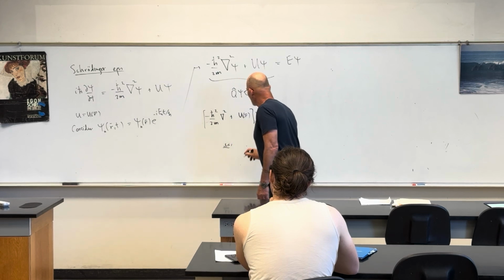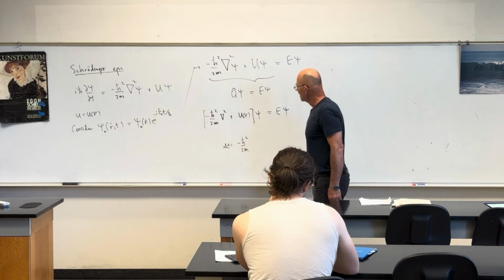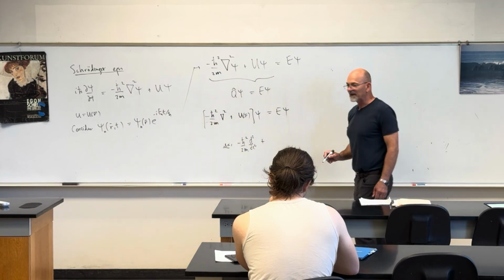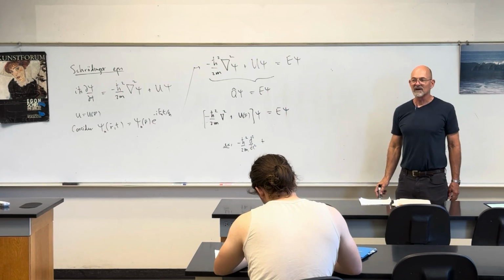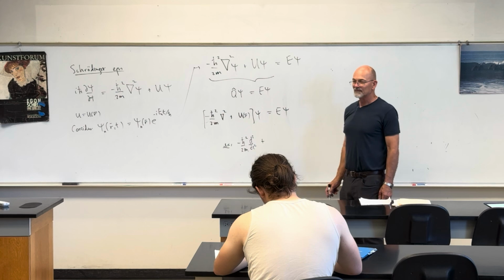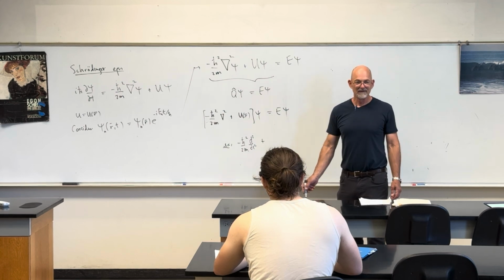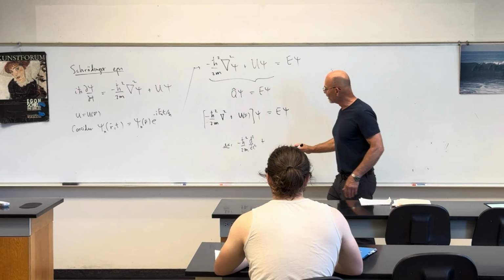This doesn't change, right? The del squared would be, I'll just say d squared dx squared. What would the potential be for the linear harmonic oscillator? kx squared.